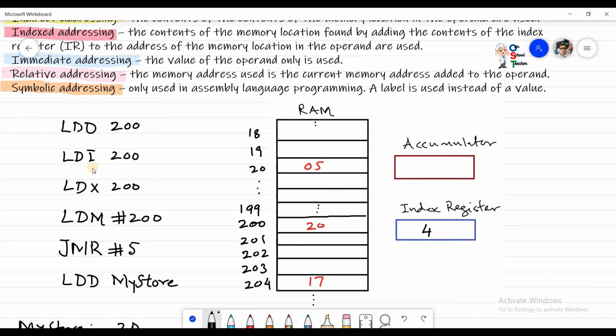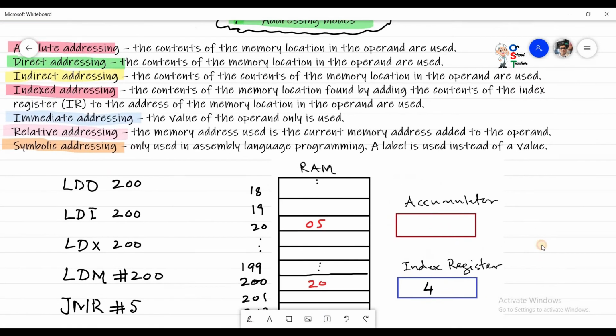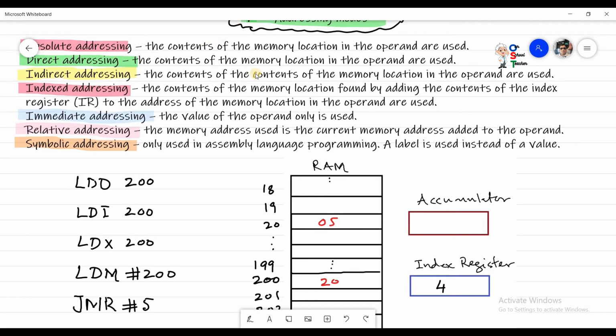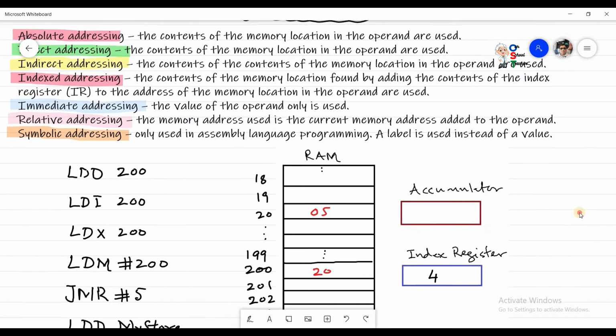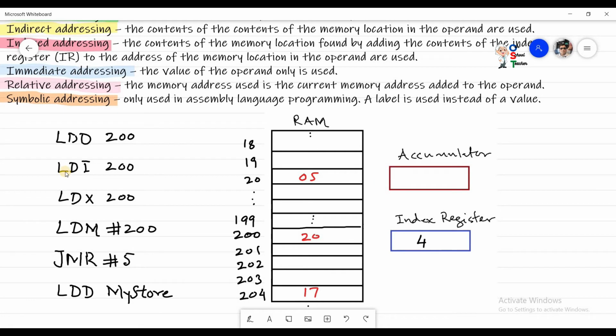Load indirect, right? Load indirect means, what is the meaning of indirect addressing? Let's see one more time. In indirect addressing, the content of the memory location in the operand are used, right? For example, LDI 200. So you can see at 200 we have value 20.